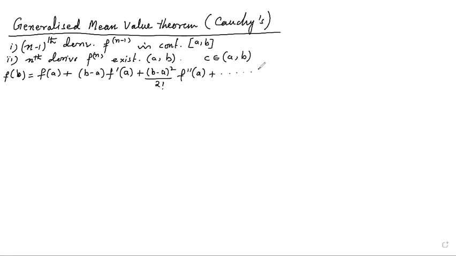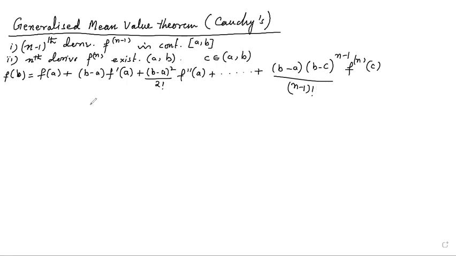Likewise, going on, the last term will be (b minus a) into (b minus c) to the power n minus 1, f^(n)(c), divided by (n minus 1) factorial.